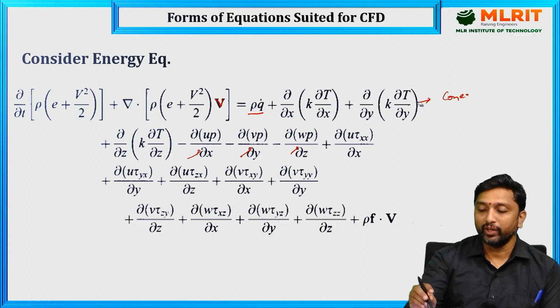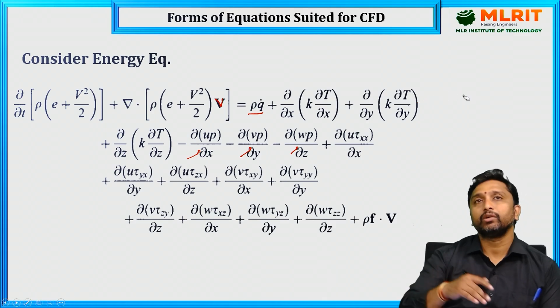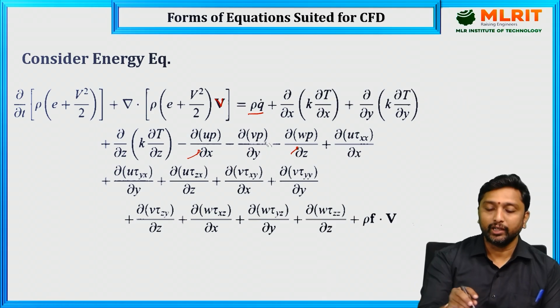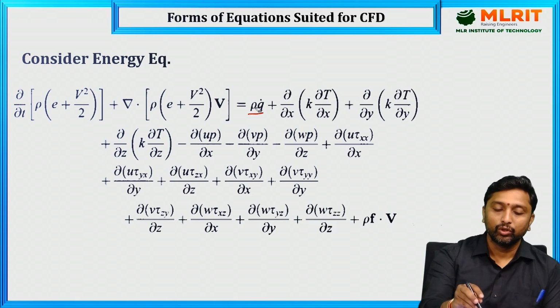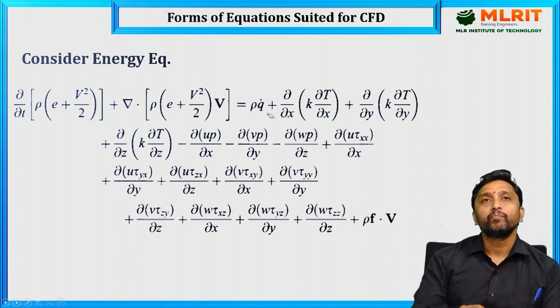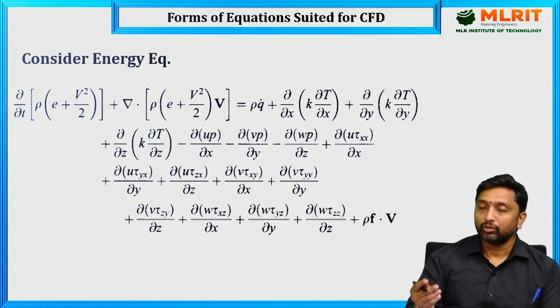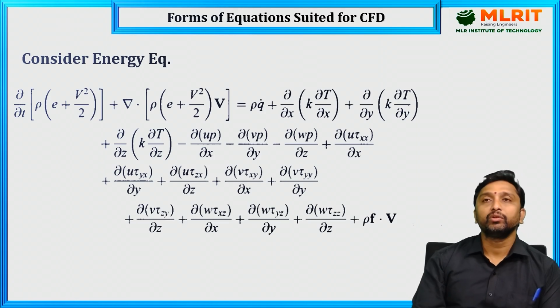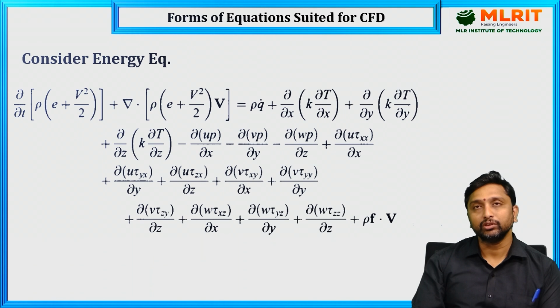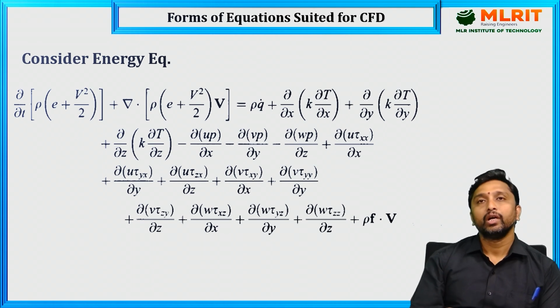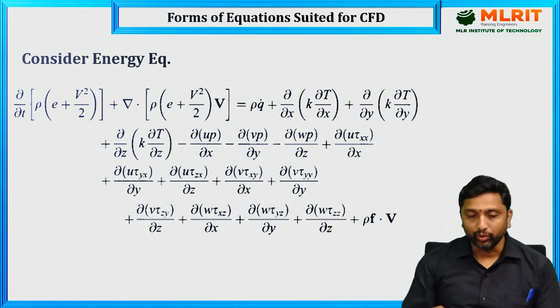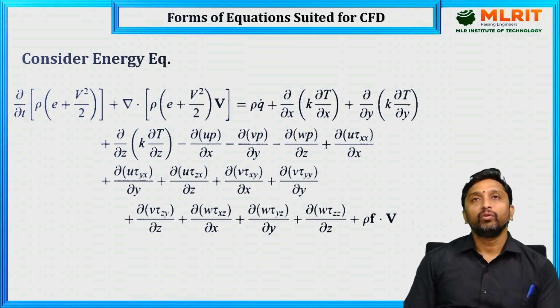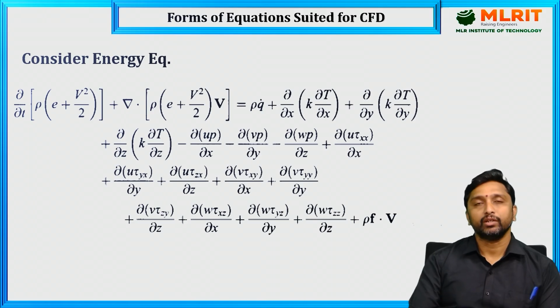I want to convert all these three equations in such a way that I end up with one single equation which defines all the considerations. That is, I can combine the continuity equation, momentum equation and energy equation into one single set of equations, and if I solve that one set of equations, then I can end up with the solution. So this is the form of equation which is suitable for CFD.